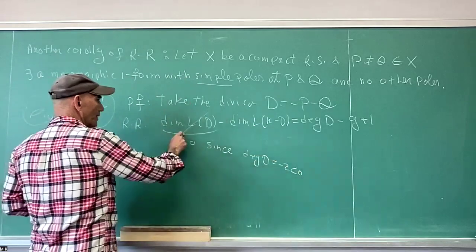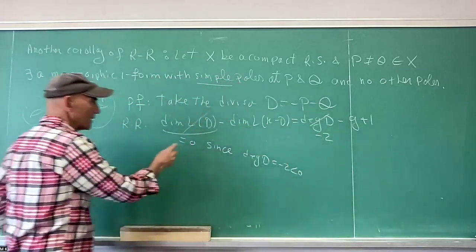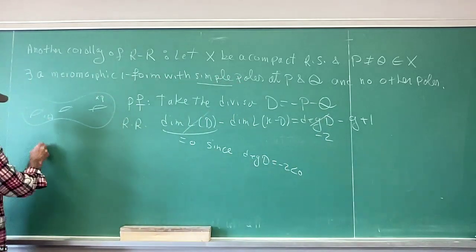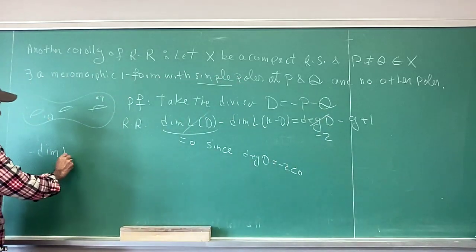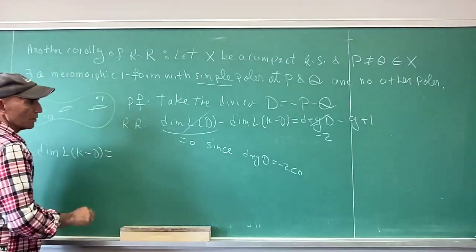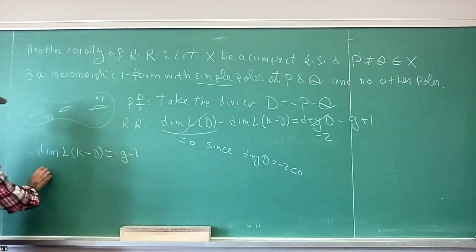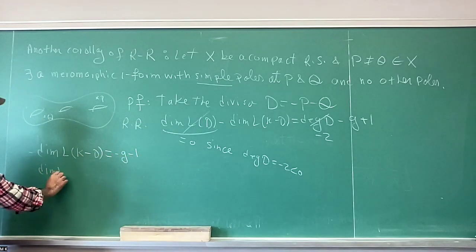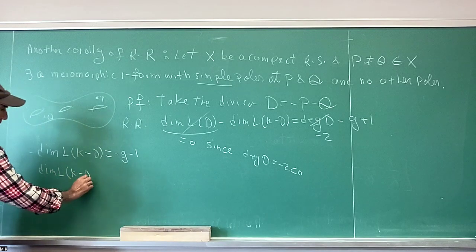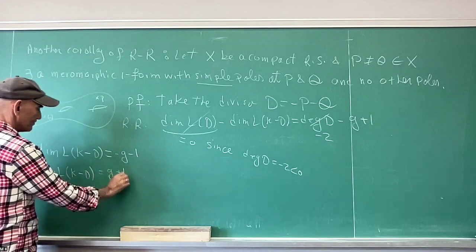So this evaporates. Then I get that minus dimension of L of K minus D is equal to negative G, negative 1. In other words, we derive that dimension of L of K minus D is equal to G plus 1.